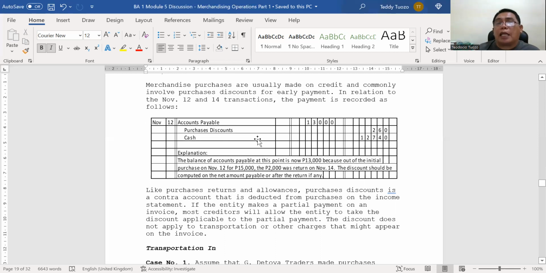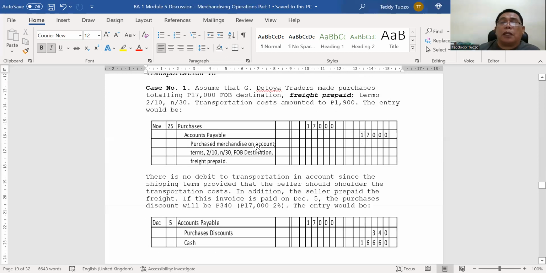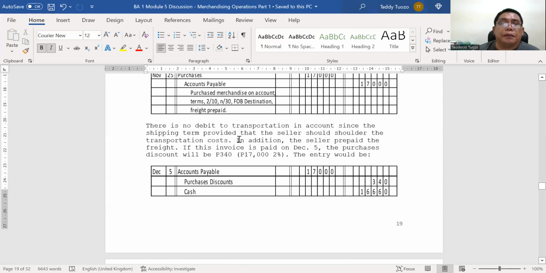Purchases discounts, as I've said, at the point of view of the seller, is just a discount. Transportation in, as I've said, if they buy goods from the supplier, the buyer entails additional cost for the transportation of the goods so that they reach the agent, then that's transportation in.